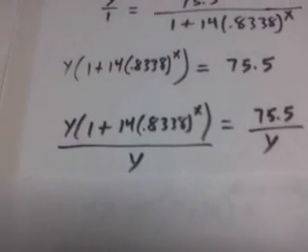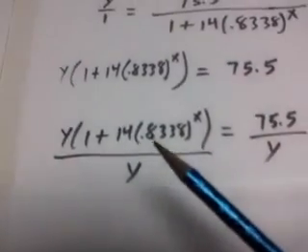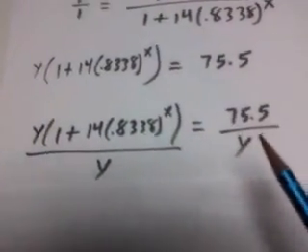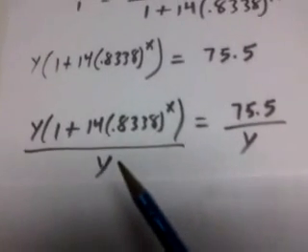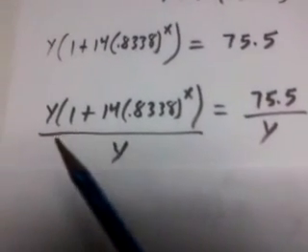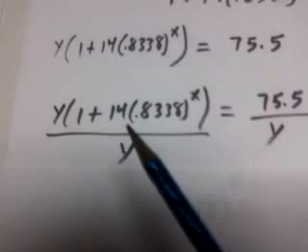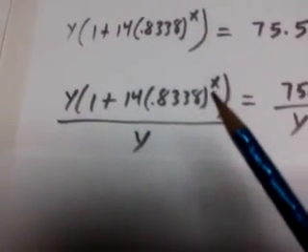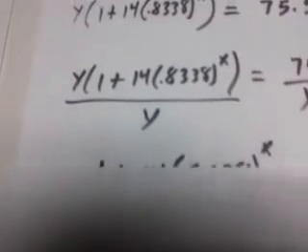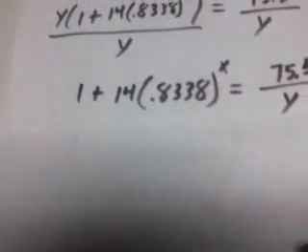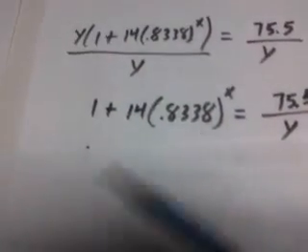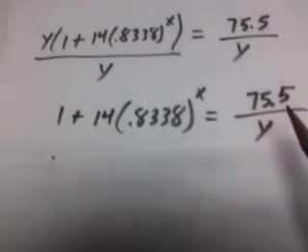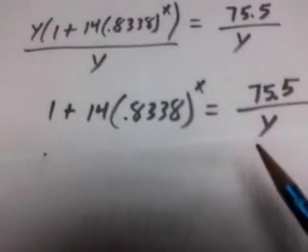I divided the left side by y and the right side by y. Of course, on the left side, the y is canceled. So I end up with 1 plus 14 times 0.8338 raised to the x power. On the right side, I get 75.5 divided by y.